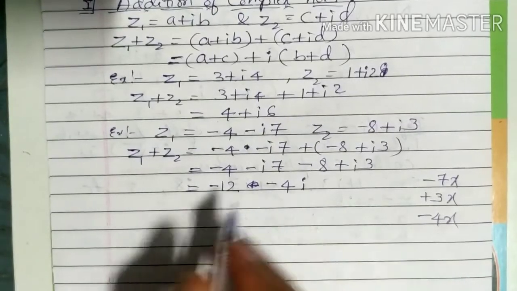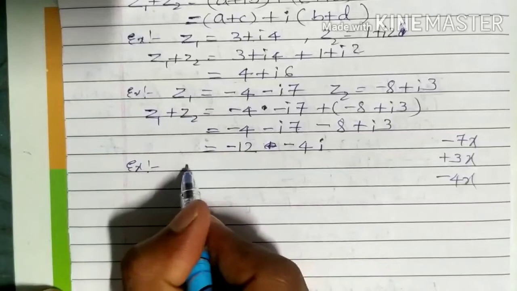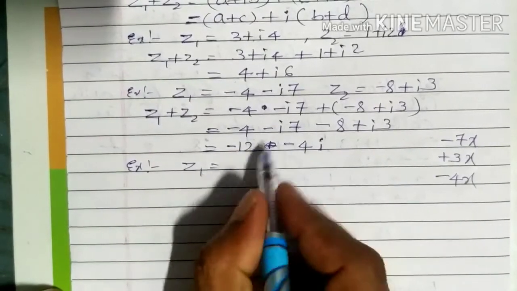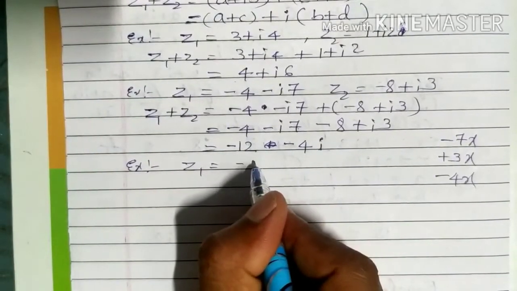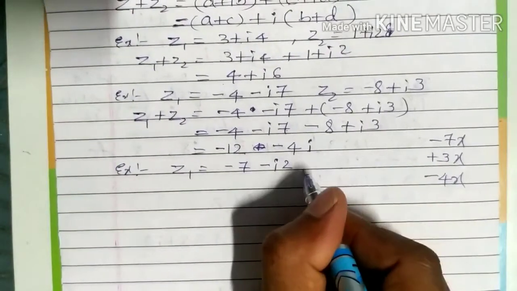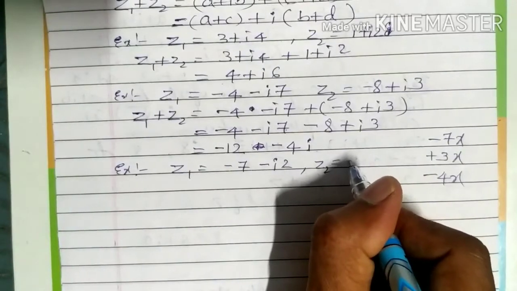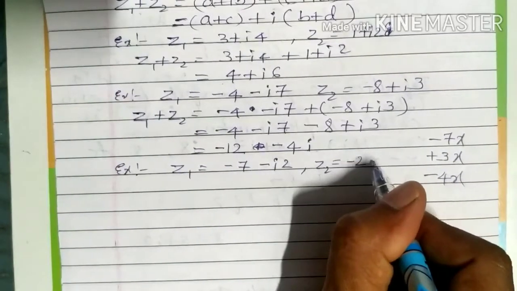Okay. So let me consider one more example, that is z1 is equal to minus 7 minus i2 and z2 is equal to minus 2 plus i.